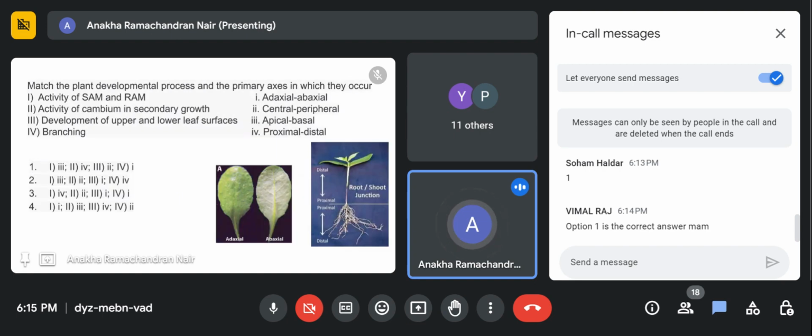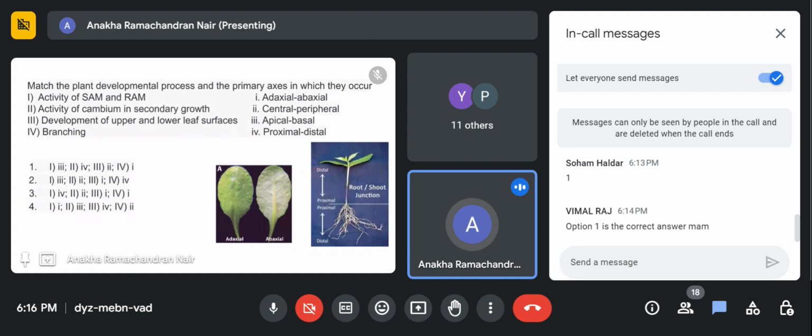Match the plant developmental process and the primary axis in which they occur. You have activity of shoot apical meristem and root apical meristem. Second is activity of cambium in the secondary growth. Option 3 is development of upper and lower leaf surfaces, and option 4 is branching.